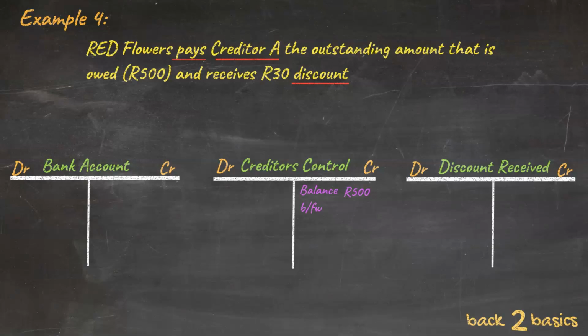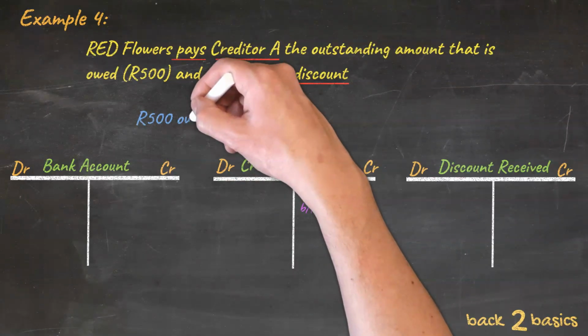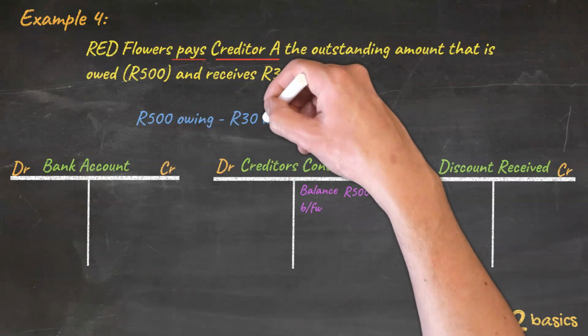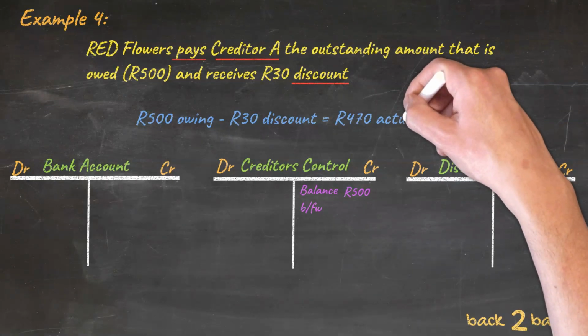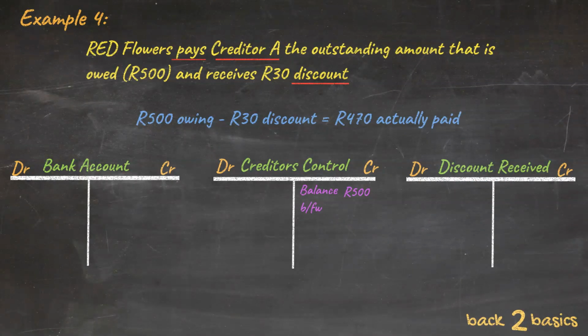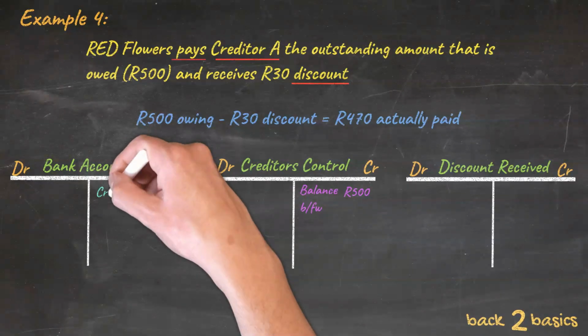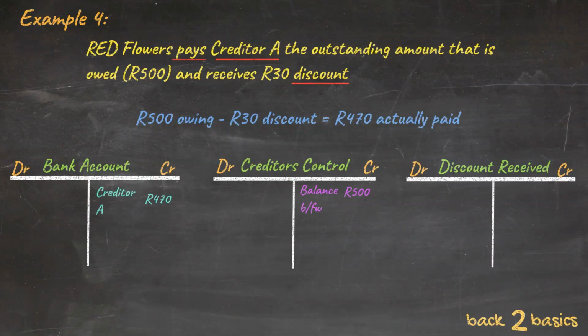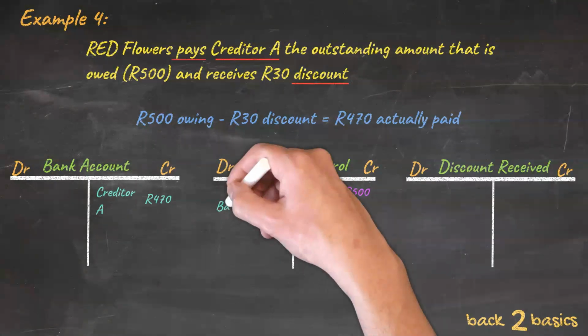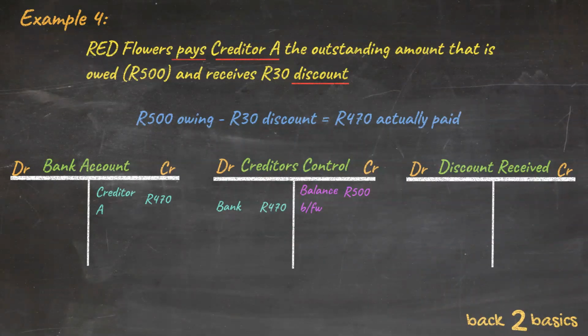The amount paid was the 500 Rand owing less the 30 Rand discount. Thus, only 470 Rand was actually paid. When recording the transaction, we will credit the bank account with 470, reducing our asset. We will debit creditors control with 470, reducing the liability.